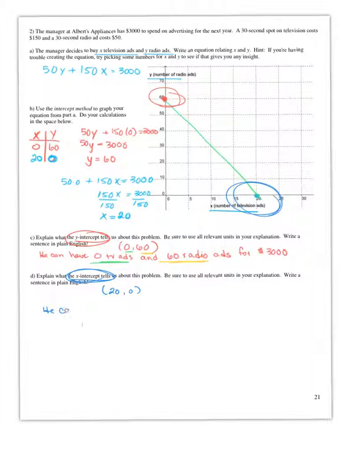This time, he could buy 20 TV ads and 0 radio ads for $3,000. We always are making sure we have both coordinates in our sentence about our intercepts. Zero radio ads, 20 TV ads.